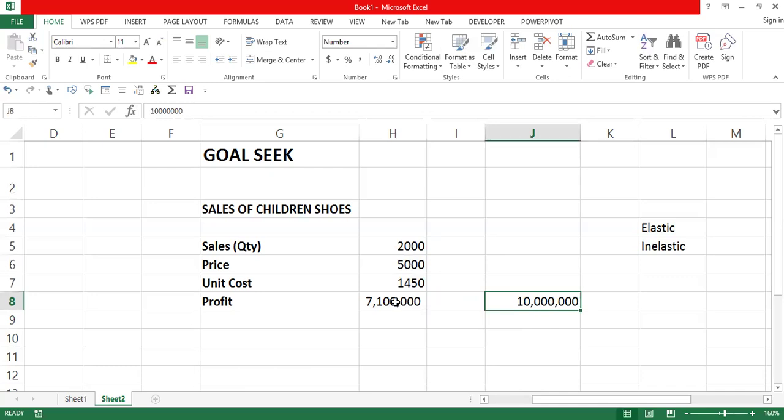So we want to change this. Our objective is to make this one 10 million by changing sales. This is the kind of thing you do with goal seek. Okay. Hope you understand the problem we are trying to solve.